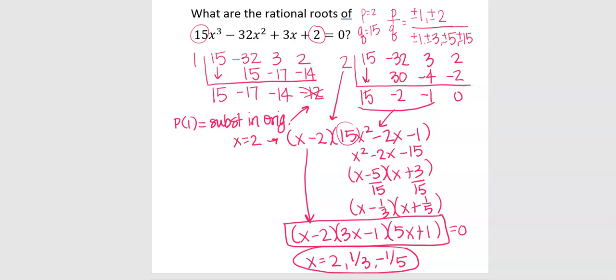So if we wanted to do a chart, you could. And then you're doing factors of 15, so they don't really have anything to do with each other: 1, 3, 5, 15. So 1 and 15, 3 and 5. Okay, and you're using all of the numbers, both of the signs.